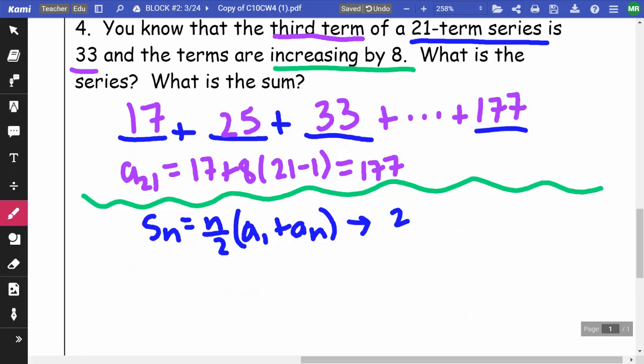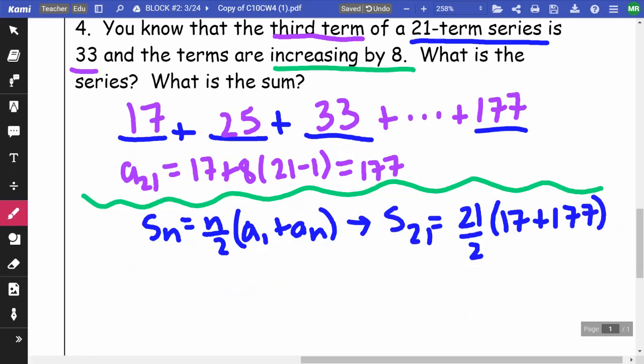I know that we have 21 terms over 2, and here we are finding S sub 21. So we're going to have 21 over 2. My first term is 17. My last term is 177. So let me put that in my calculator. And I end up with that being 2037.